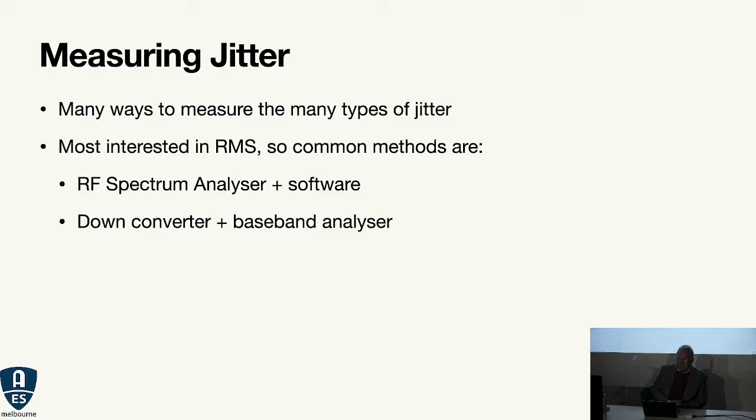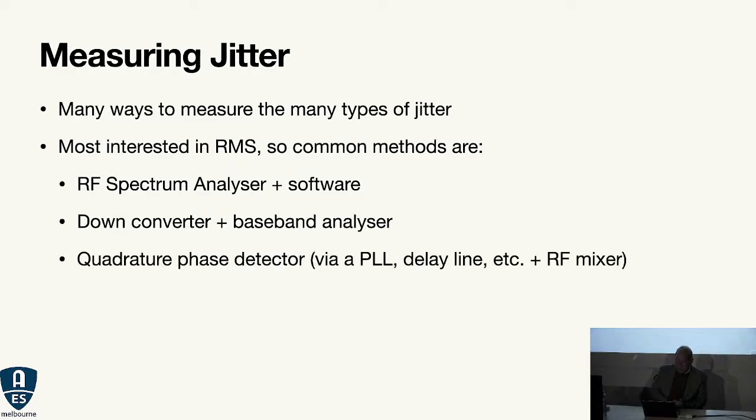A lot of the equipment you can buy off the shelf does something along the lines of down converting from a higher frequency to a baseband and then doing some analysis of various kinds there. One of the ways that's done is a quadrature detector.